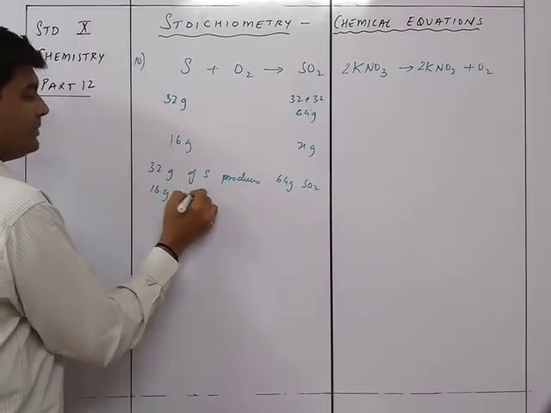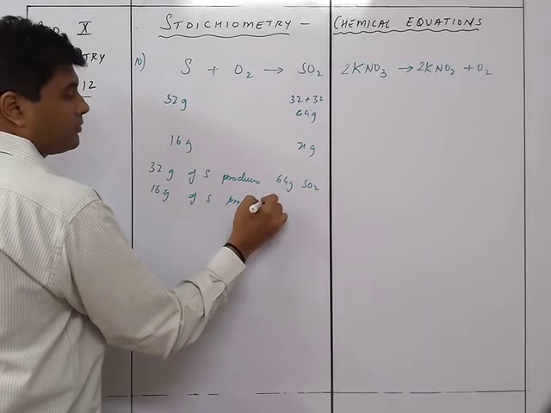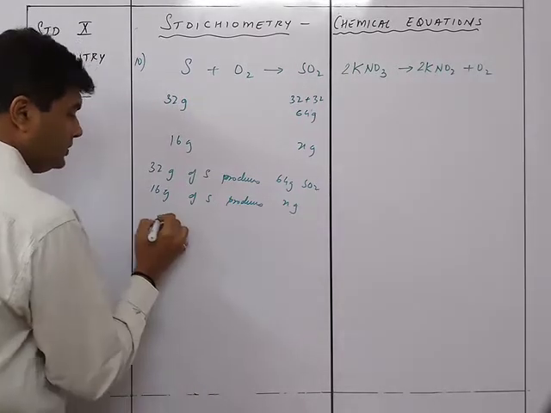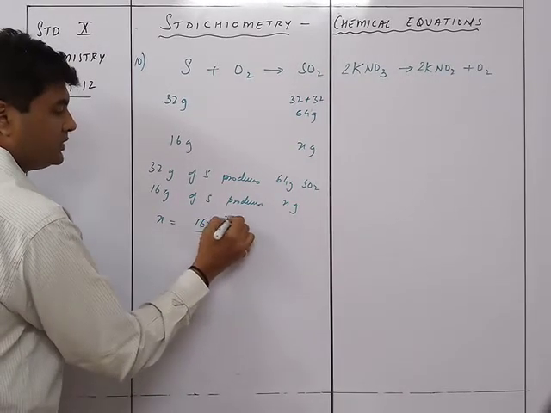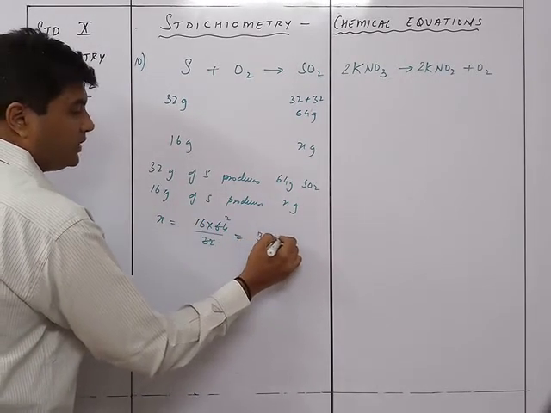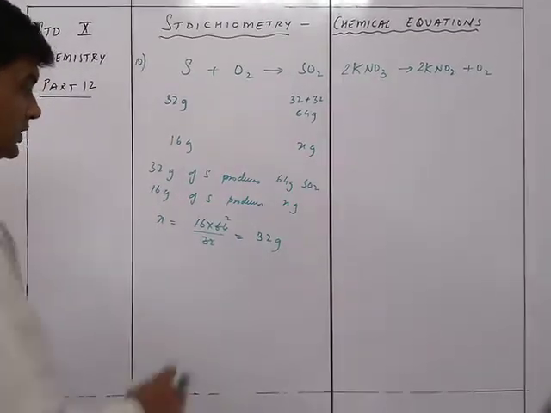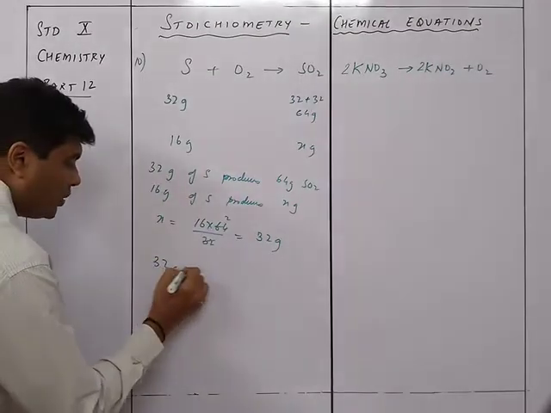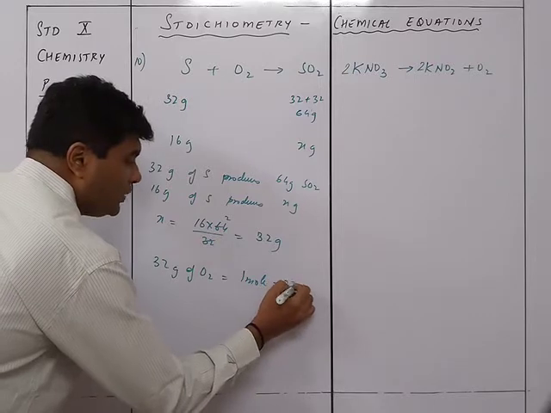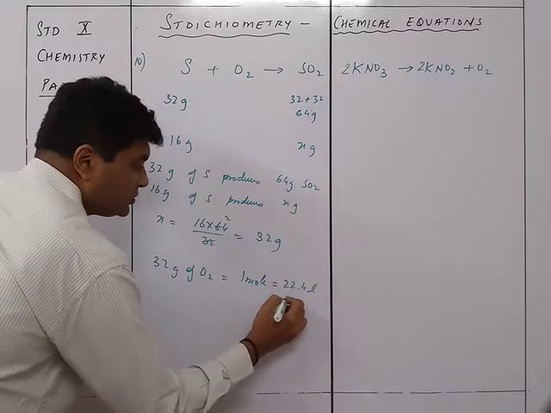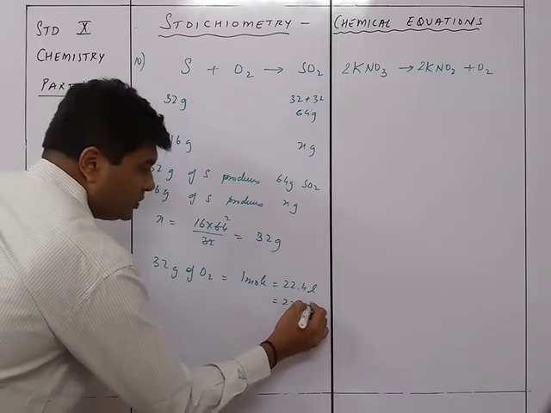Therefore 16 grams of S produces X grams. So X is equal to 16 into 64 upon 32. That will be 32 grams. Now 32 grams of O2 is equal to 1 mole is equal to 22.4 liters, that is 22400 cc.